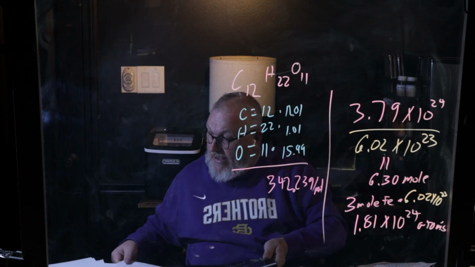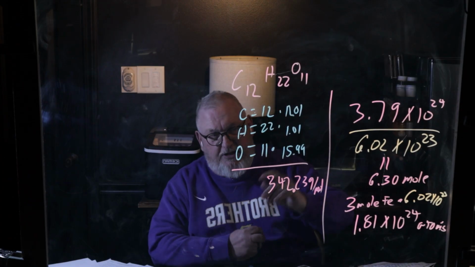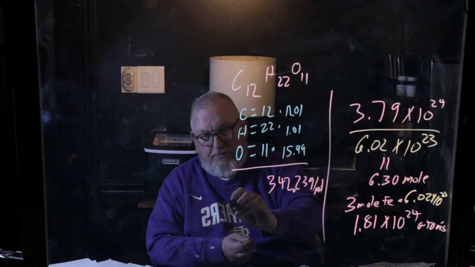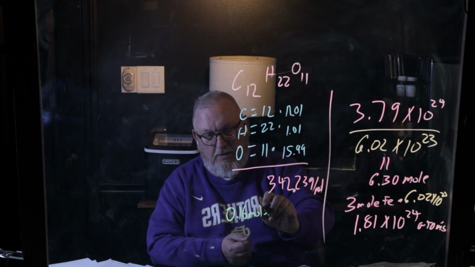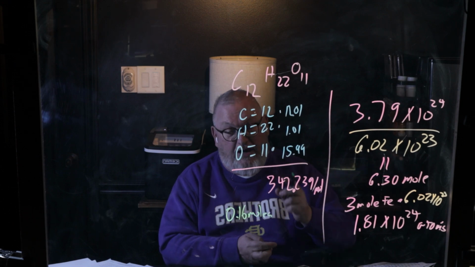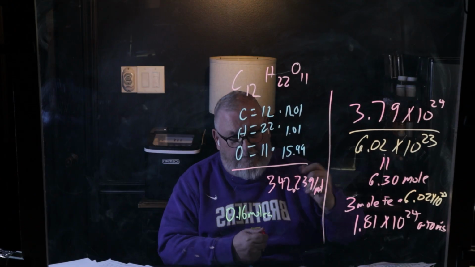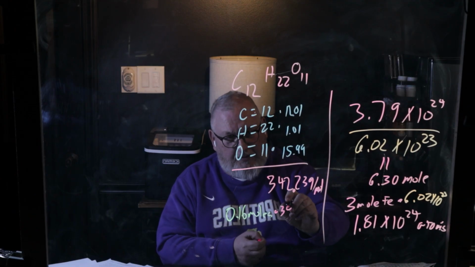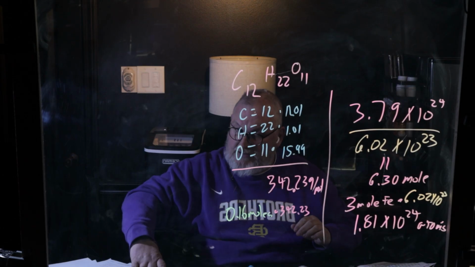So let's try this: how many grams are in 0.16 moles of sucrose? I have moles and I want grams, so I multiply by the molar mass, 342.23, and that gives me my mass.